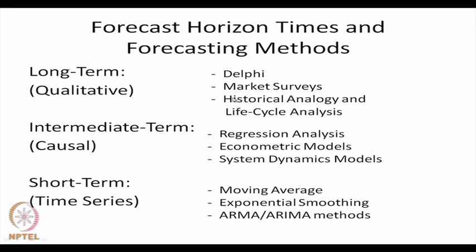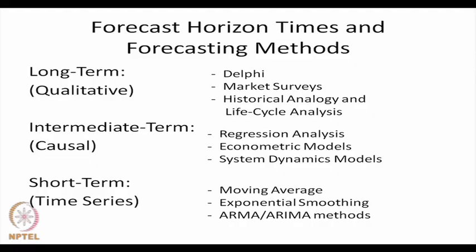We can also use historical analogy, in which one product has gone through a product life cycle and another product of the same type is expected to go through similar life cycle stages. That is historical analogy and life cycle analysis.